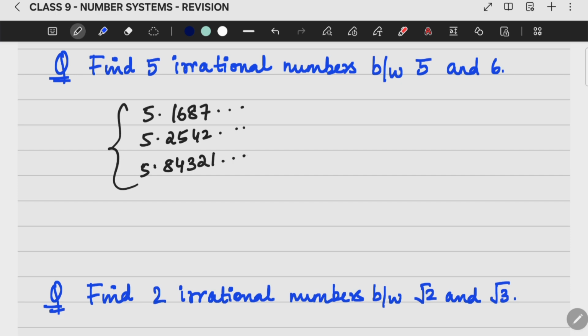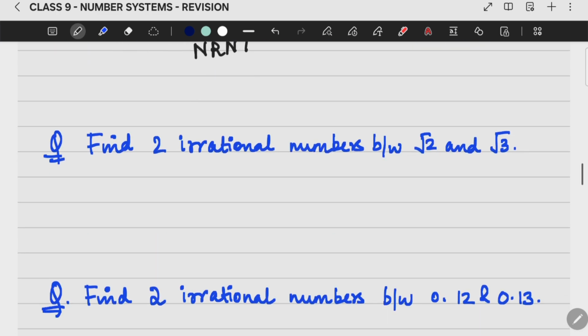You can write any 5 irrational numbers which are non-repeating and non-terminating as well. It should be greater than 5. You are asked 5 between 5 and 6.